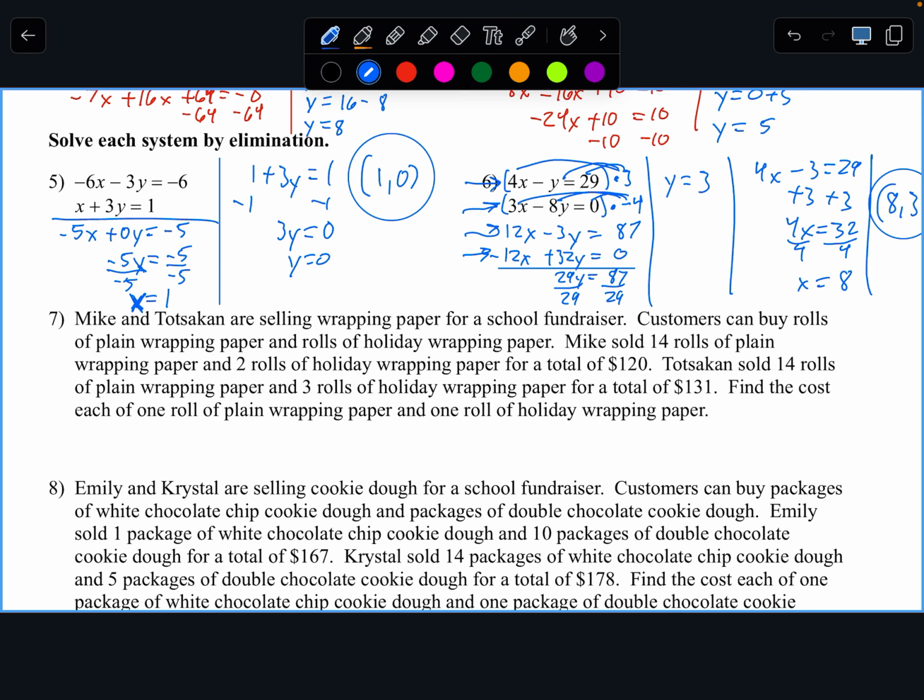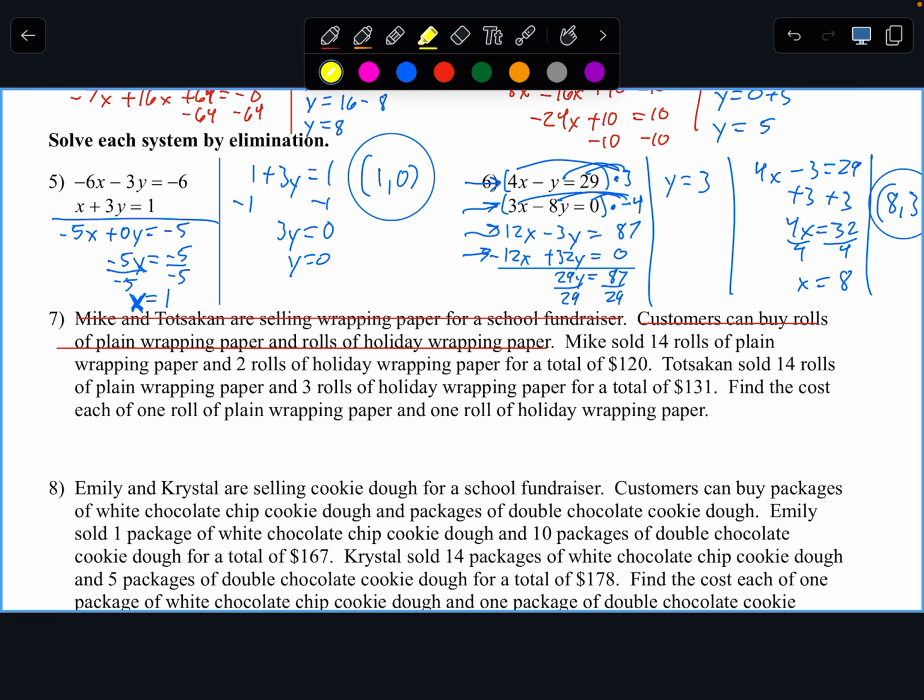Okay. So let's take a look at what is important and what is not important. Mike and Tatsakin are selling wrapping paper for a school fundraiser. Not important. Customers can buy rolls of plain wrapping paper and holiday wrapping paper. Not important. Now Mike sold 14 rolls of plain wrapping paper and 2 rolls of holiday wrapping paper for $120.